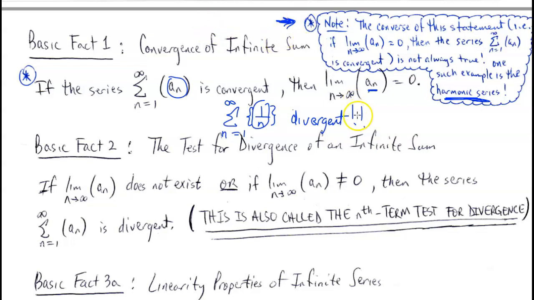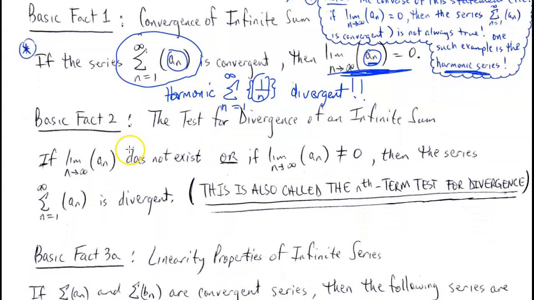If I assumed that because the limit of the sequence making up this harmonic series goes to 0, the corresponding series would be convergent, that wouldn't be true, because we know the harmonic series is divergent. So we can only assume that the limit of the sequence as n approaches infinity goes to 0 if it's already known that the series is convergent. It doesn't work the other way around.